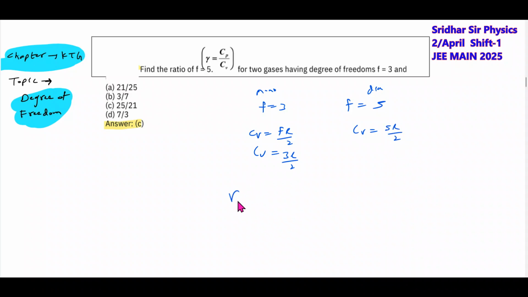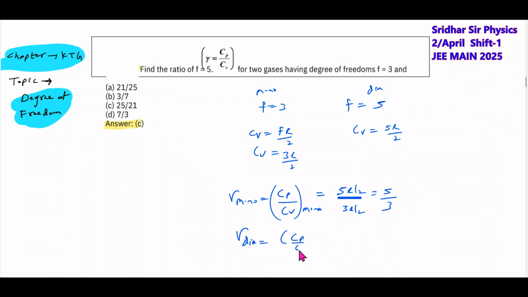Then gamma for monoatomic gas equal to Cp by Cv. Cp will be 5R by 2, Cv will be 3R by 2, so 5 by 3. Gamma for diatomic, again Cp by Cv, Cp will be 7R by 2, Cv will be 5R by 2, so 7 by 5. So this is asking the ratio of these two.